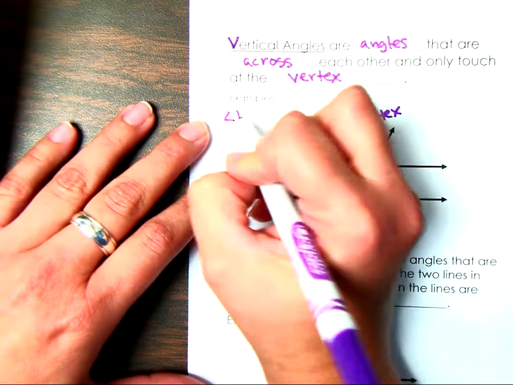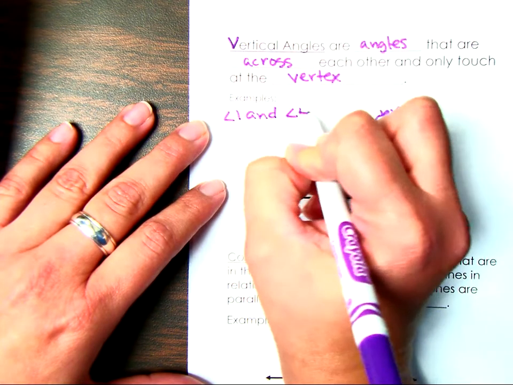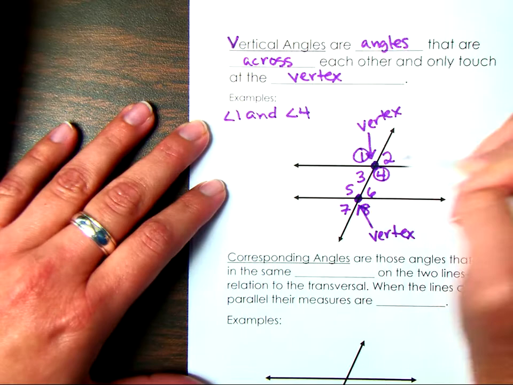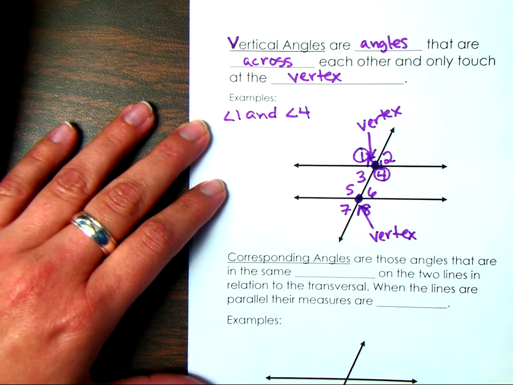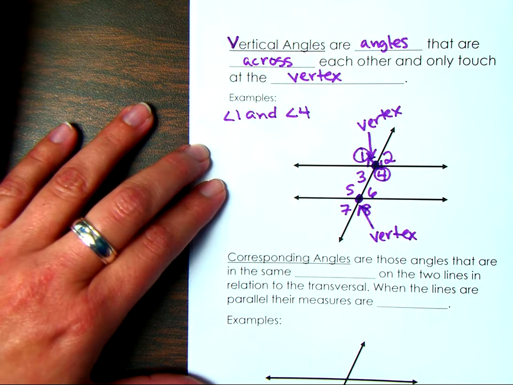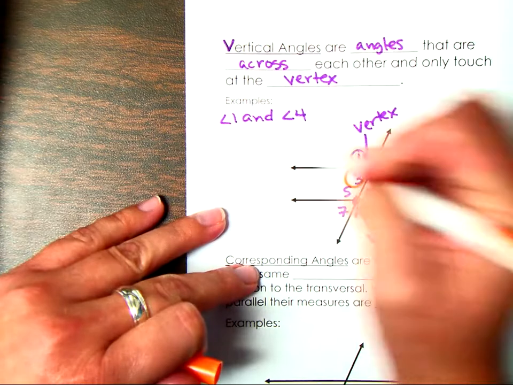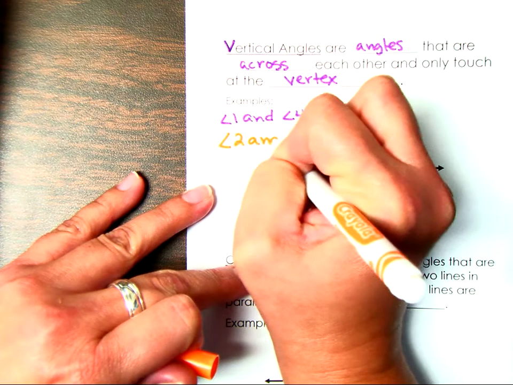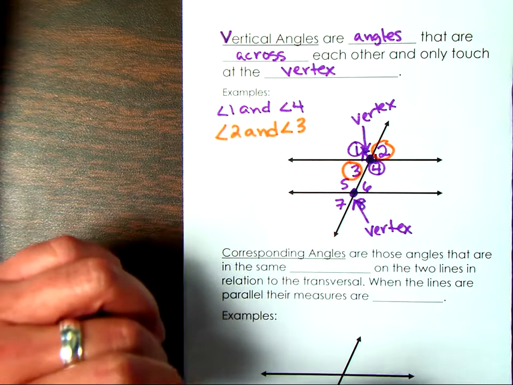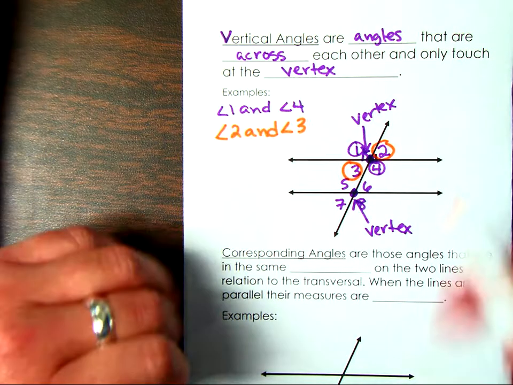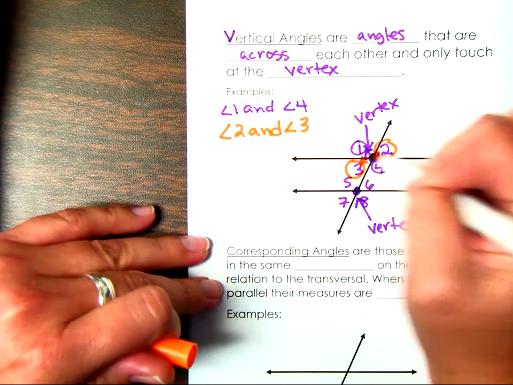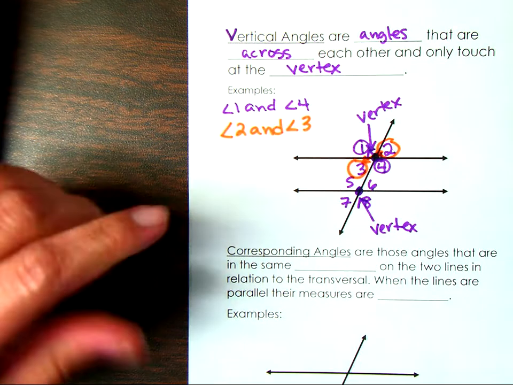So angle 1 and angle 4 are across from each other from that vertex. Okay? If we keep looking, we can see angle 2 and angle 3 are also vertical angles. They're vertical from one another because they are across from each other, only touching at the vertex.